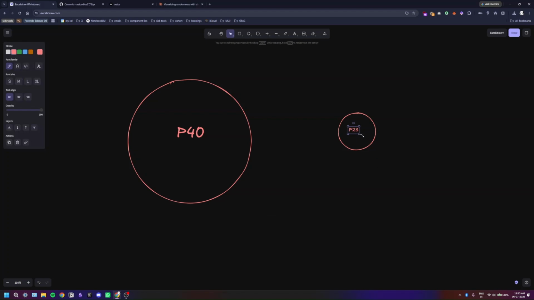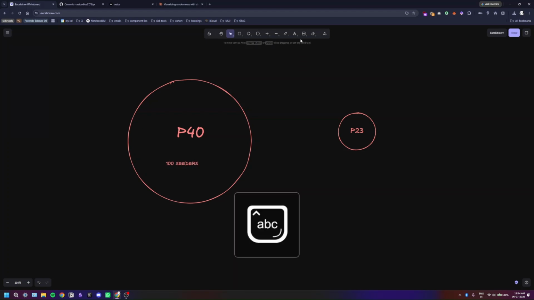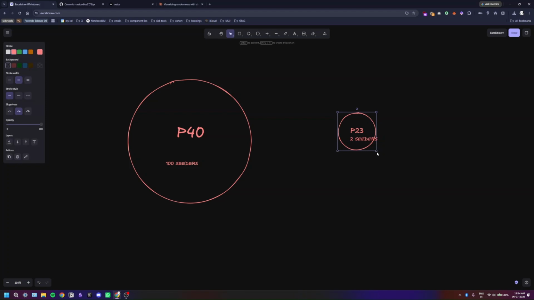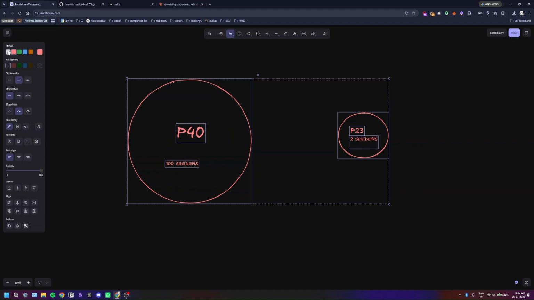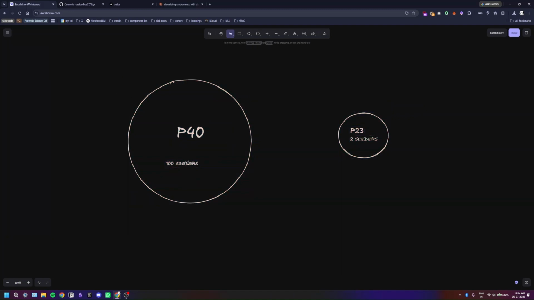Assuming piece 40 has 100 seeders, and piece 23 has only 2 seeders. Let me enlarge this a bit and make this white here. So who do you think we should pick first?